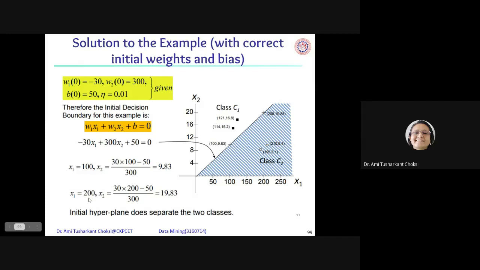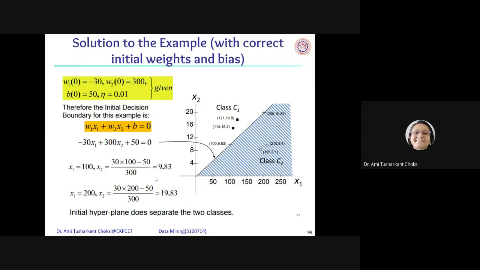Now x1 is equal to 200, x2 is equal to what? By putting the value of x1 in this equation, we find x2 is equal to 19.83. When we plot them here, we'll have this particular line.